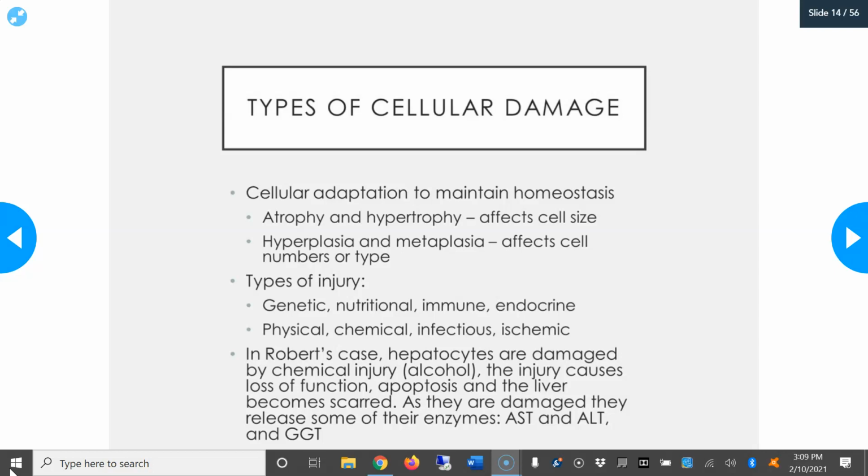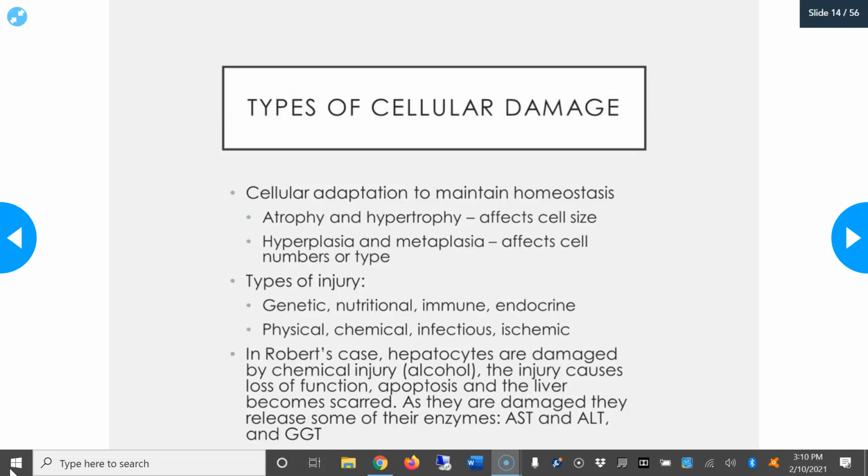And physical injuries, of course, that would be trauma, car wrecks, falls, that kind of stuff. Chemical would be exposures to chemicals, whether inhaled, through the skin, or ingested. Infectious agents, and ischemic is lack of blood flow, which then causes lack of oxygen, which then causes cellular damage.